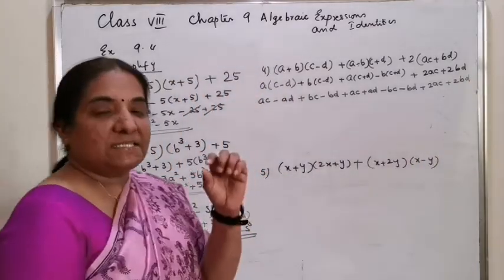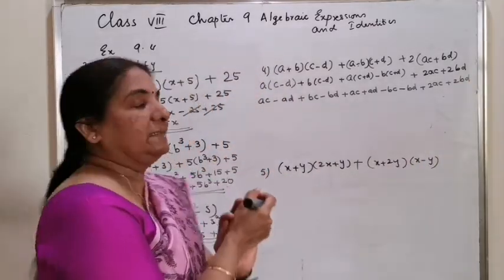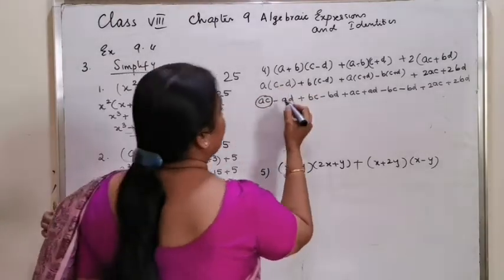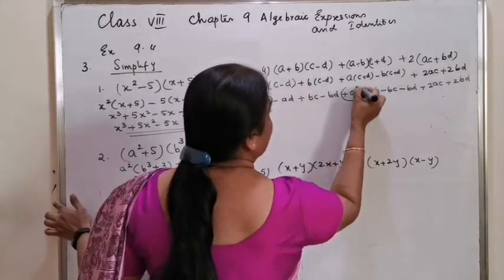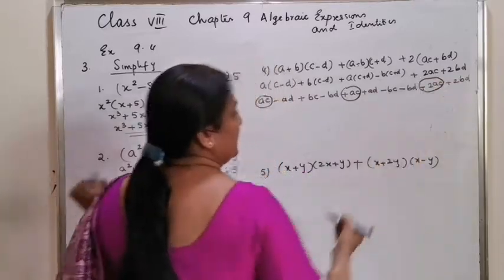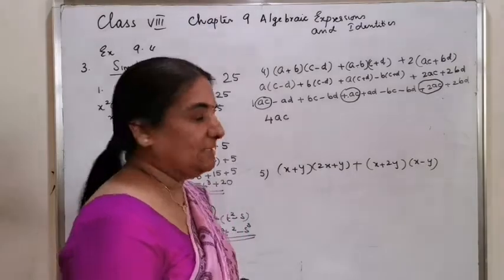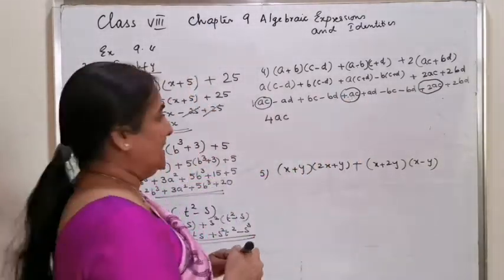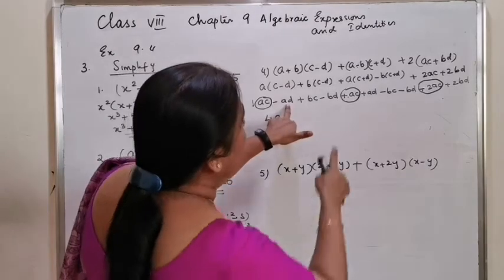Now collect the terms with the same letters, or like terms. Positive AC, then another positive AC, and then you can see 2AC. After collecting the like terms, 1 plus 1, 2 plus 2, 4AC. Next, AD, do you have?